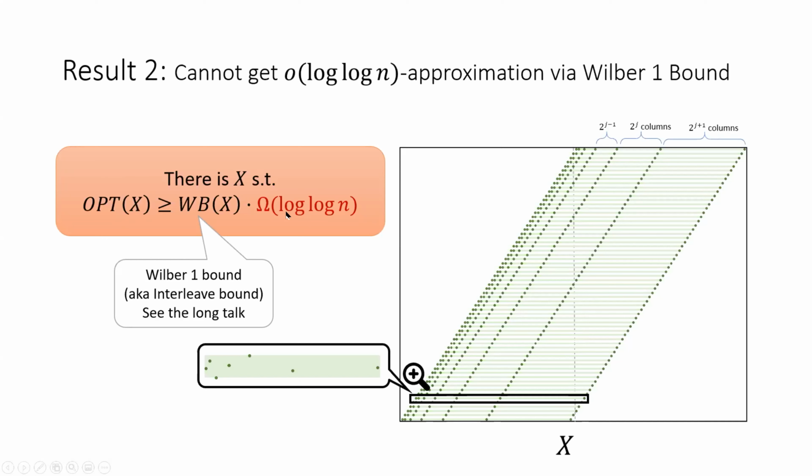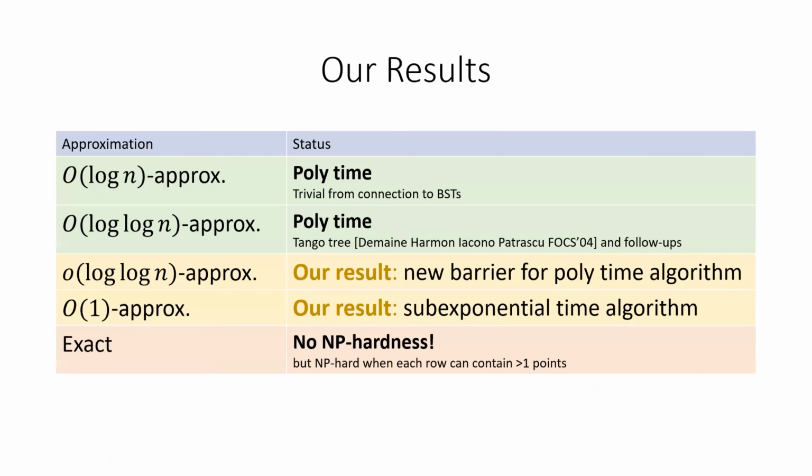It is larger by a log n factor. Before that, people used the Wilber bound to give log n approximation. But we show that there is a gap of log n. That was the only approach that was used, and we show this gap.